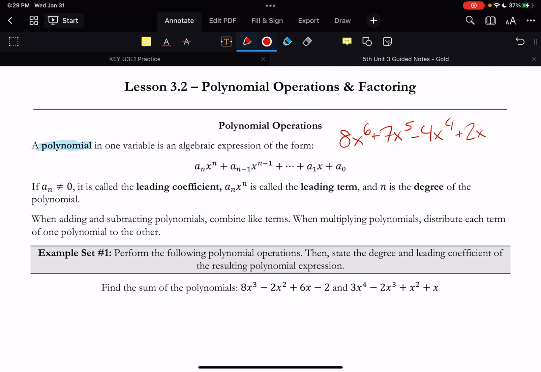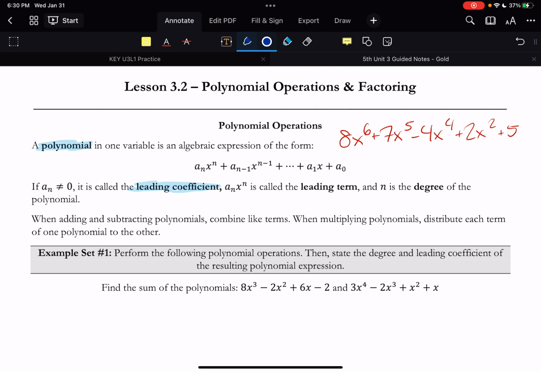We'll do plus 2x squared plus 5. Cool. So this is an example of a polynomial expression. So we have my leading coefficient. My leading coefficient is the coefficient of the term that has the largest exponent, which we call the degree.